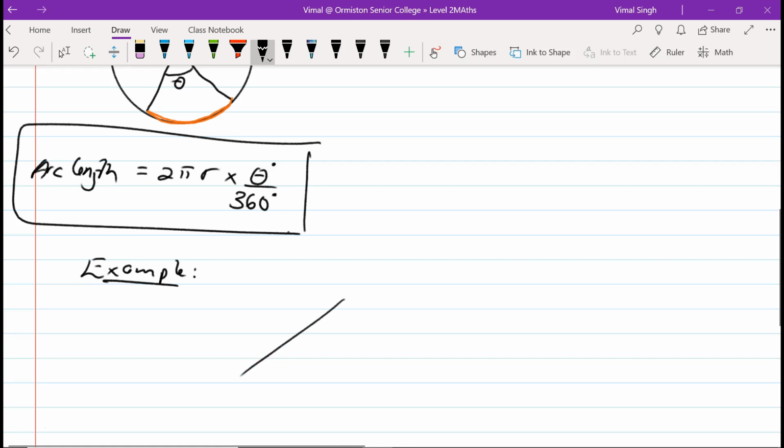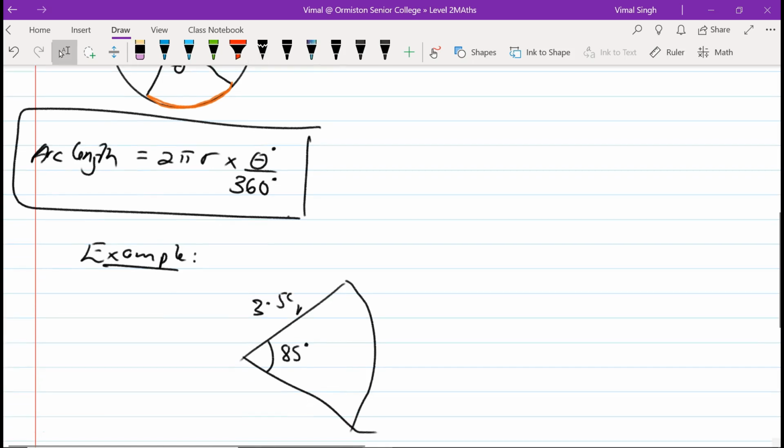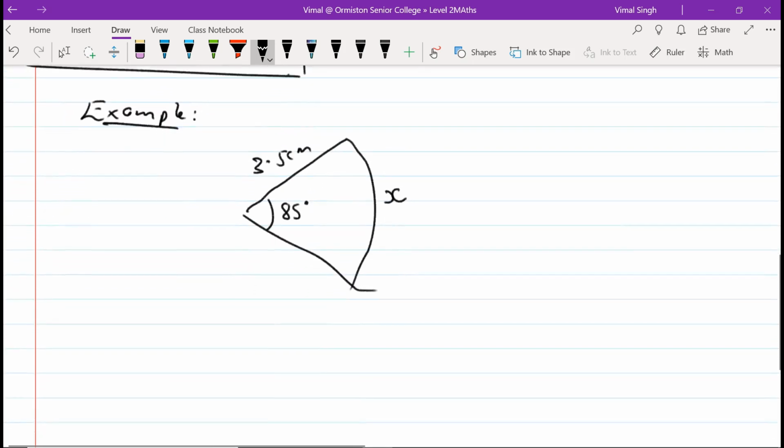I have this shape over here. I'm hopeless at drawing this. Okay. So this angle here is, let's say, 85 degrees, and the radius is 3.5 centimeters. I need to know what is the arc length X over here.